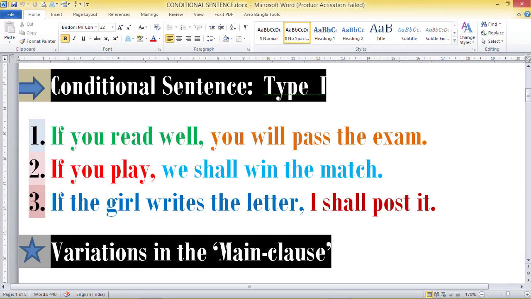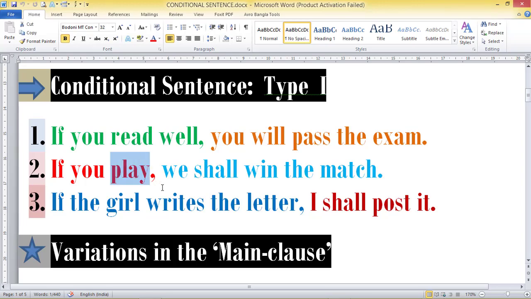Now let's go to the second sentence. The second sentence is, if you play, we shall win the match. Here you observe, in the if clause we have used present indefinite tense, that is the first form of the verb after the subject.